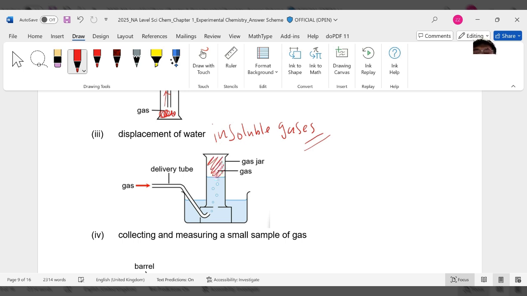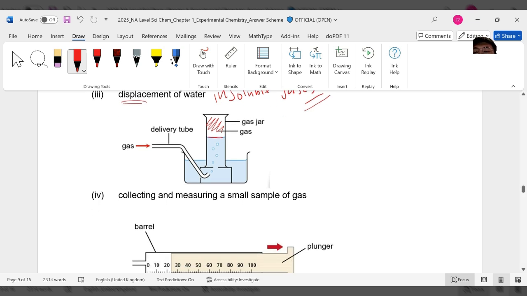But as you bubble the gas into the delivery tube, the water will be displaced. You push the water downwards, and the water moves out of the gas jar. This is probably halfway through the collection. You get this portion here being the gas, which is insoluble in water, and then the water level drops.